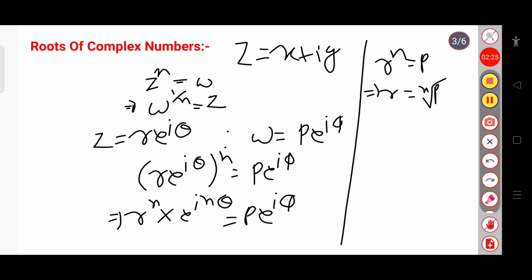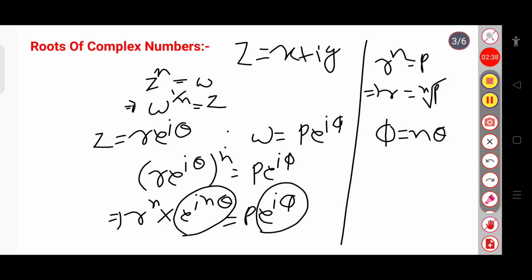So n theta equals phi plus 2k pi, because after 2 pi rotation the complex number remains the same.